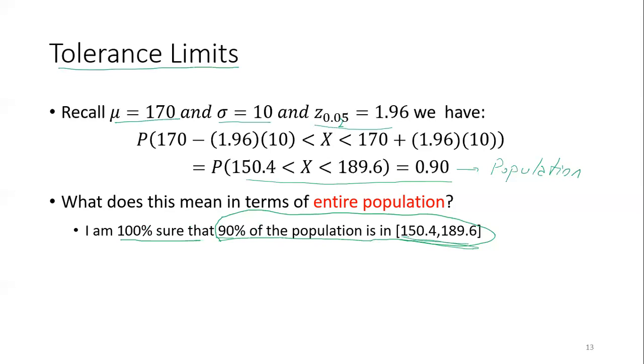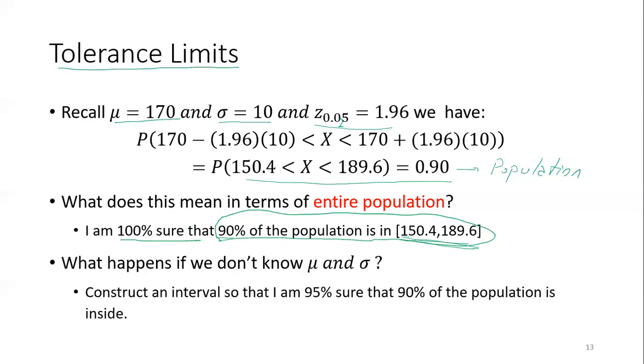So in tolerance limits, I don't know mu and sigma, hence I will estimate them, which means now I will not be 100% sure, but somehow less than 100% sure. So I will construct an interval so that I am 90% sure that 90% of the population is inside this interval.